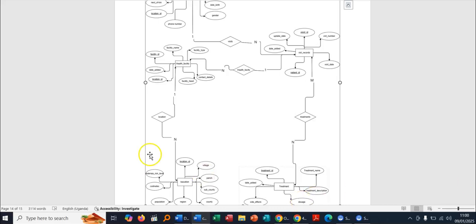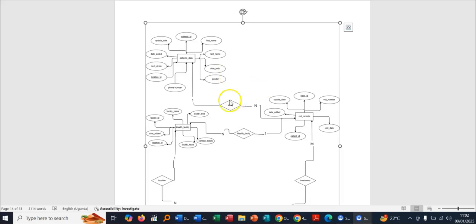Here, down, the health facility having a location has this relationship called location. And after visiting, the treatment the patient receives and the records form the treatment relationship.